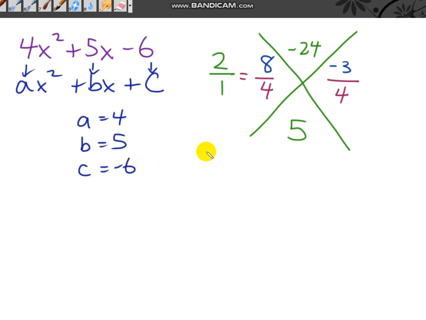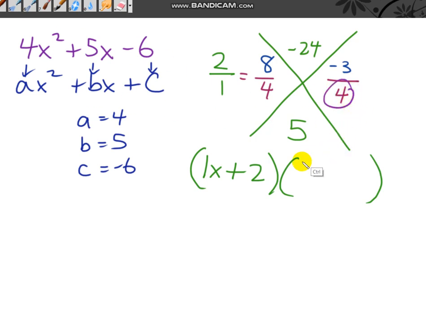Now as we write our factors, this 1 will come right here. That's the coefficient in front of x. So 1x, and then we have a plus 2. Next, we take our 4. I'll do it in color so you can see that. That 4 would go in front of x, and then the minus 3 will come after.